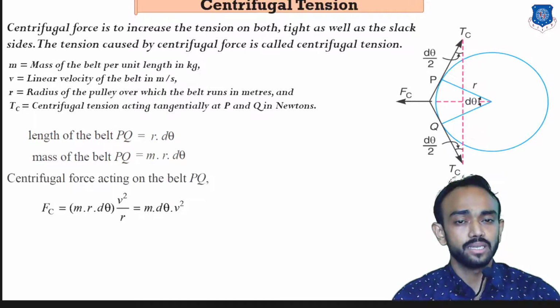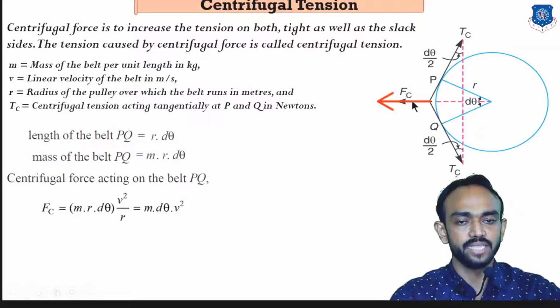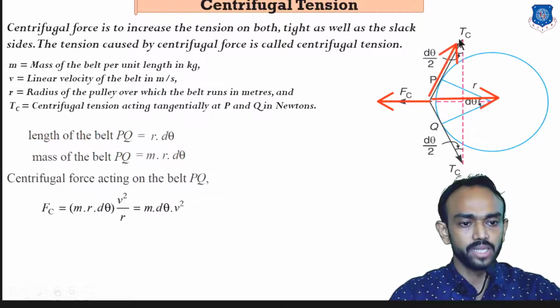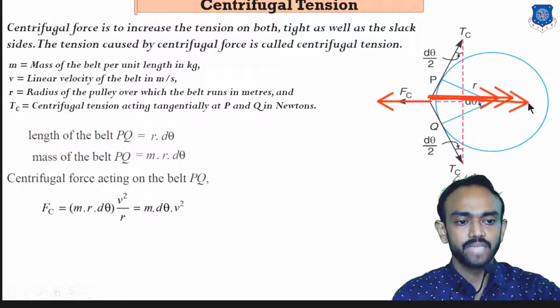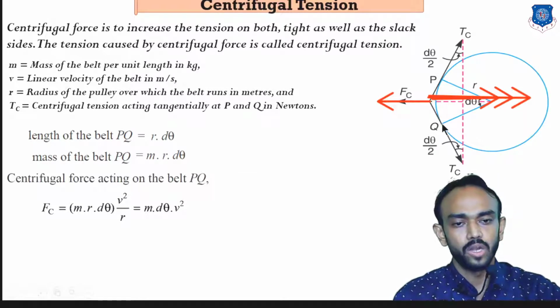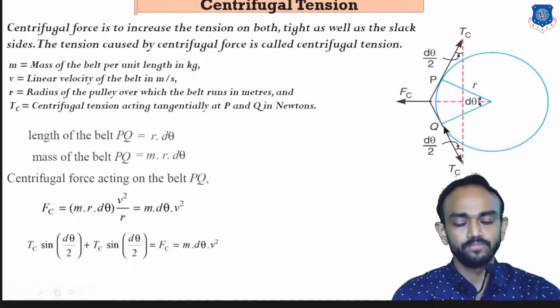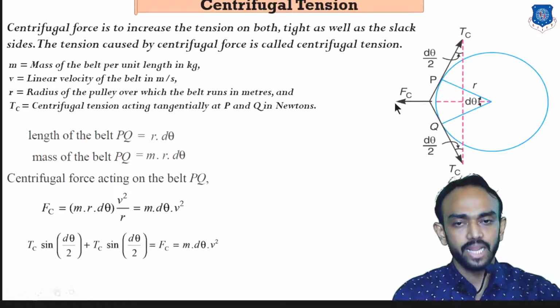Now we have to consider the horizontal component of all forces. First of all, the horizontal force in this direction is equal to Fc, the centrifugal force, and in this direction you can take the element, you can check here the centrifugal tension T in this direction, and you can write the sine component in this direction, and the same as the sine component of centrifugal tension at point Q. So you can write this as Tc sin theta by 2 plus Tc sin theta by 2 is equal to Fc, the centrifugal force in the negative x direction.